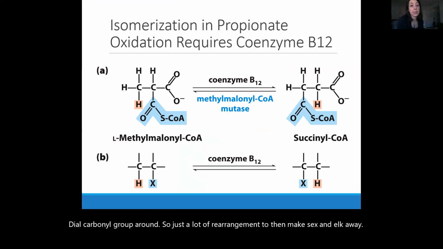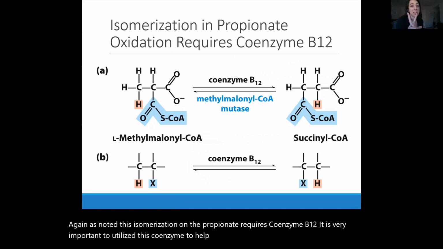Again, as noted, this isomerization on the propionate requires coenzyme B12. It is very important to utilize this coenzyme to help with the actual swapping of that whole carbonyl thiolate group and the hydrogen.